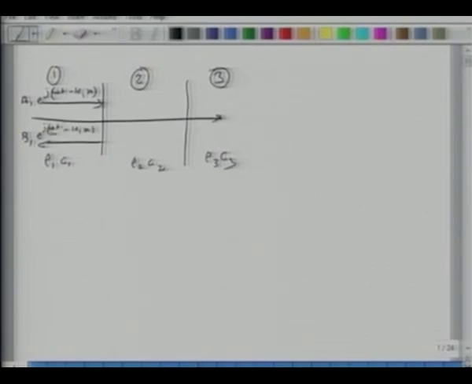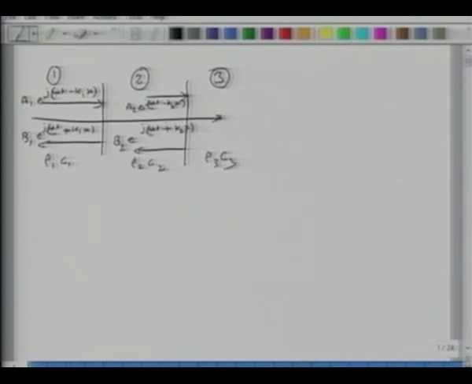Similarly, when it moves to the second medium and hits the second boundary, the incident wave is A2 e^(j(omega t minus k2x)), and part of it gets reflected, giving B2 e^(j(omega t plus k2x)).